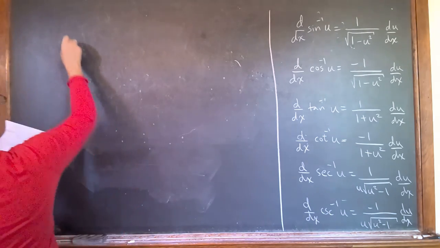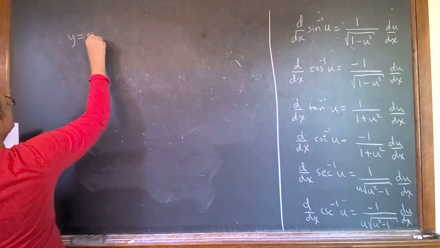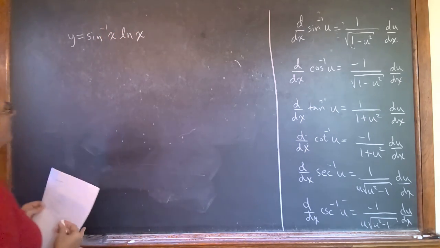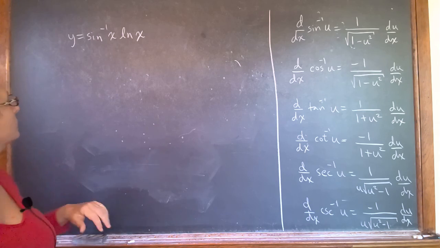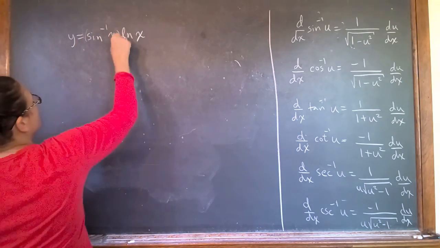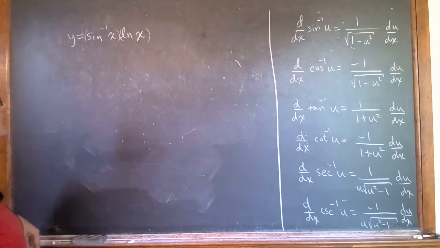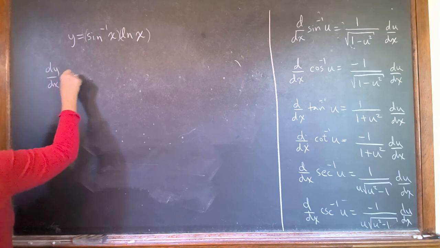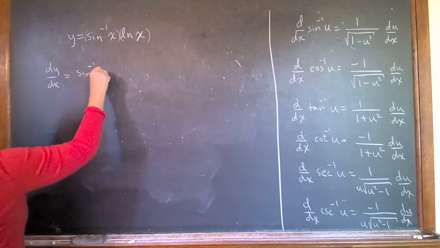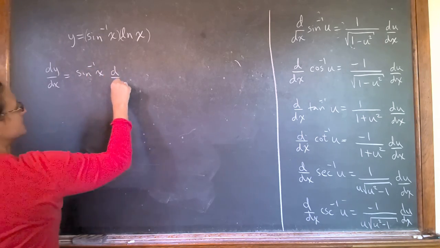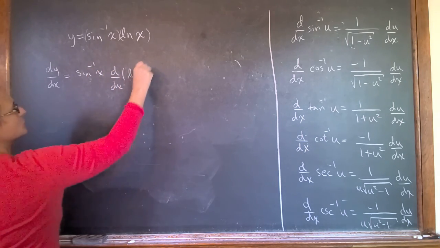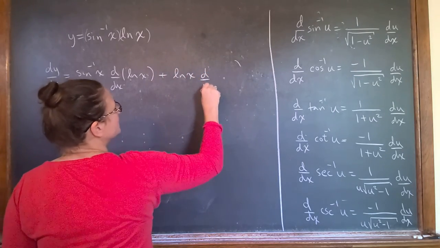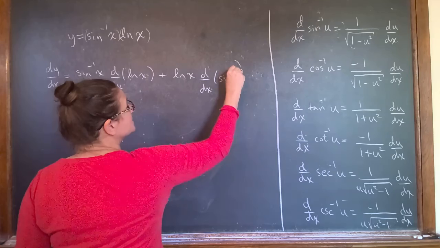Here I've got inverse sine of x times natural log of x. All right, well, this one actually isn't a chain rule at all. This is just a standard product rule, right? So I've got dy dx should be inverse sine times the derivative of natural log plus natural log times the derivative of inverse sine.